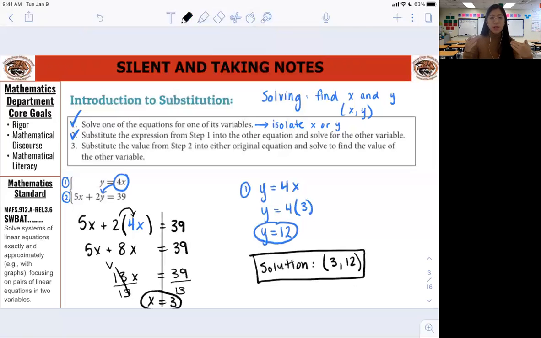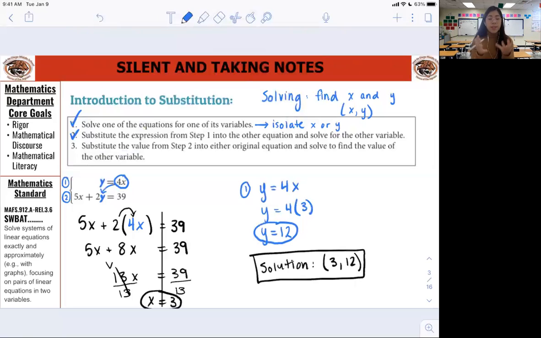Remember what we said, substitution is plugging in or replacing. So all I did is, since I know that y is equal to 4x, sorry, my voice is struggling today. Oh, so the 2 had a y. Exactly. Since I know that y is equal to 4x, all I did was I replaced my y, which was down here, with 4x, since they are equal to each other. Wherever I see a y, I can now replace that with a 4x because y is equal to 4x. They are the same.